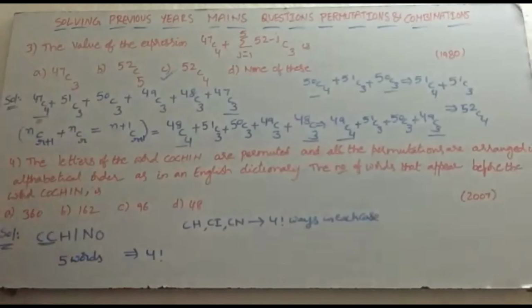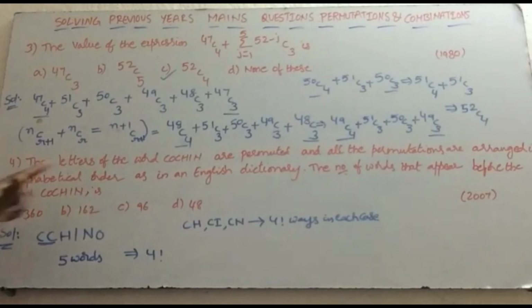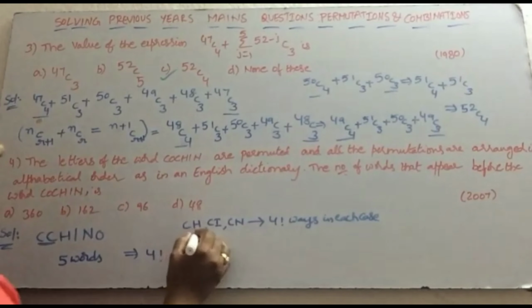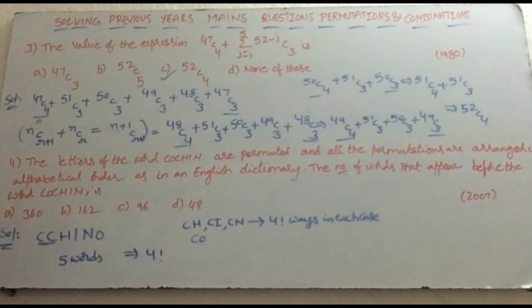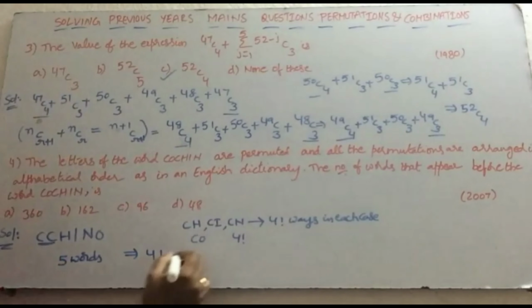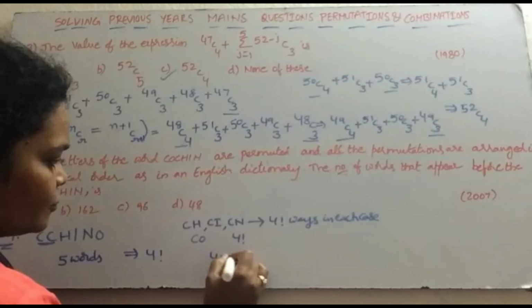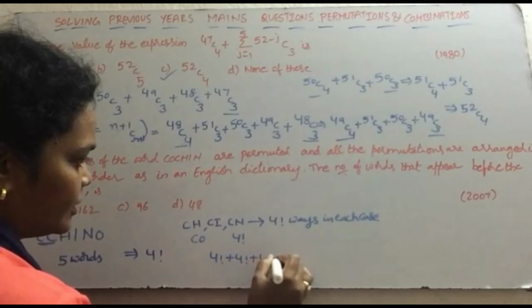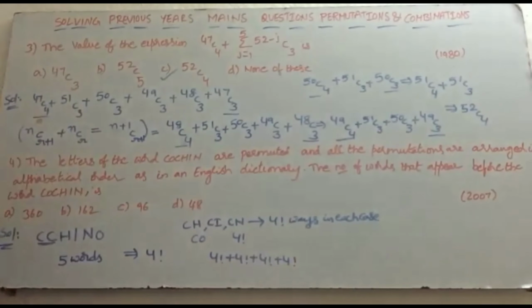So for CO, he is asking the number of words that appear before the word Cochin. So for CO also, in each case, it happens in 4 factorial ways. That means 4 factorial plus 4 factorial plus 4 factorial plus 4 factorial.